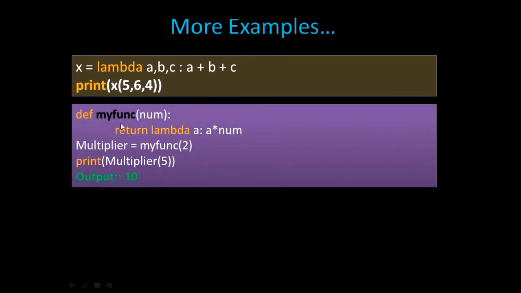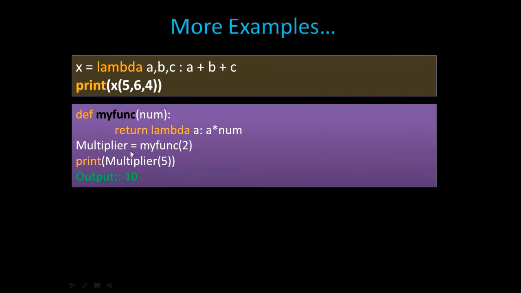Let us suppose we have a function which gets an argument num, and it returns the lambda expression written here, which gets an argument a and returns a into num. That means the multiplication of its own argument and the argument of the outer function, that is my func.